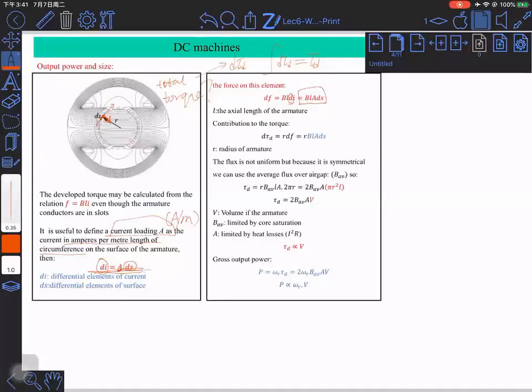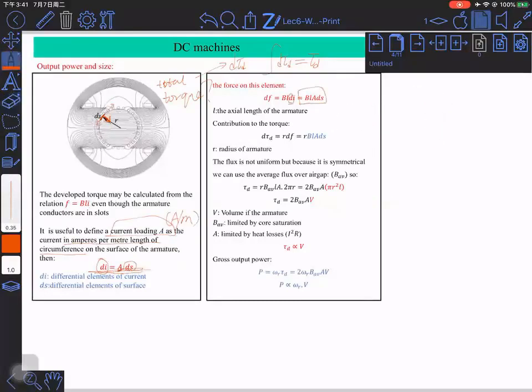So your flux density is definitely perpendicular to the force, and therefore the torque, which is the force cross product R, is just a simple product of force times R, because they are perpendicular to each other.